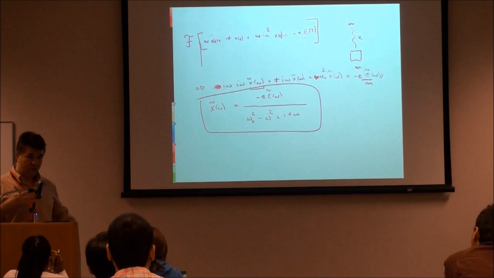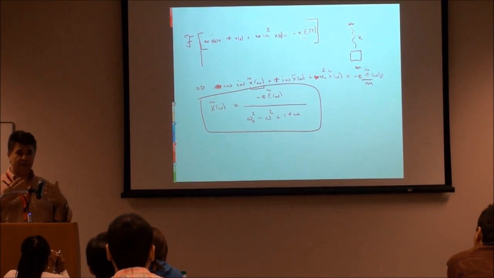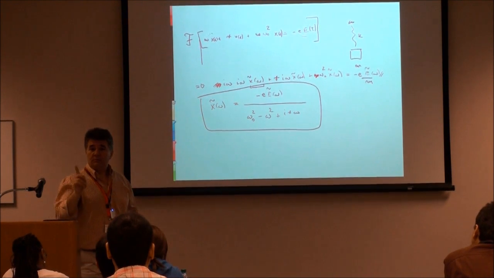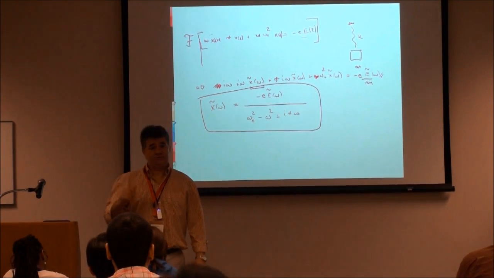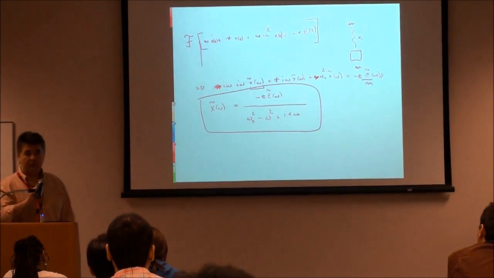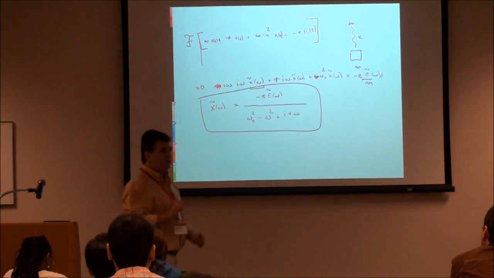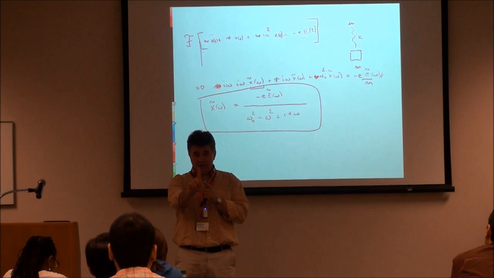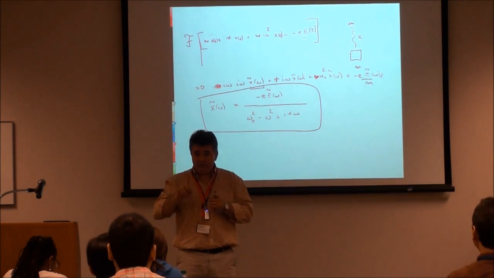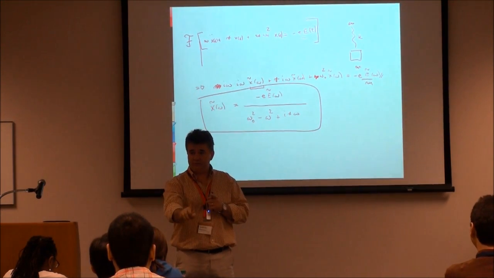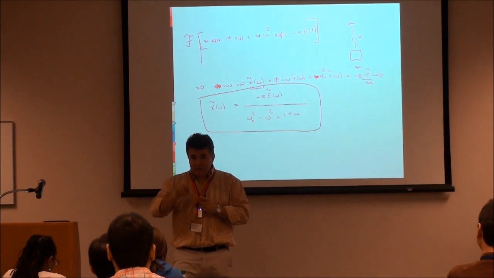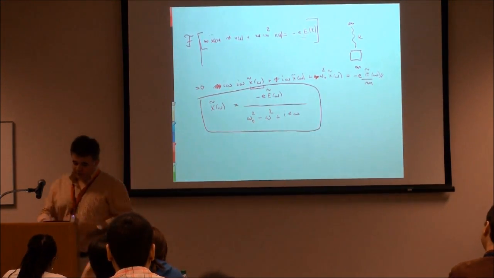You might not have a physical intuition for what x of omega means. Inverse Fourier transform. Great. So let me tell you what it means, x of omega. It means that if I have a force, or a perfectly monochromatic light coming into the system at frequency omega, the displacement in the medium will be exactly x of omega.